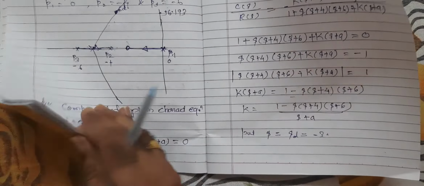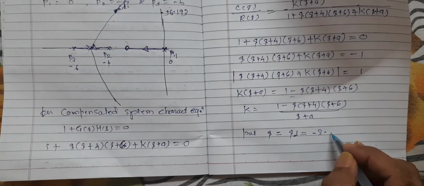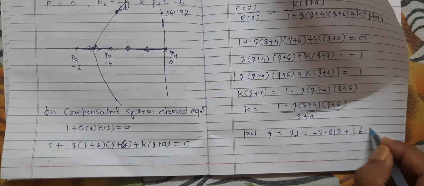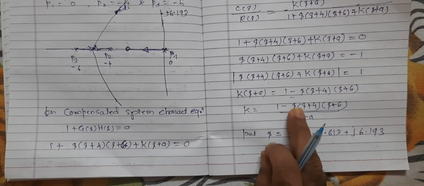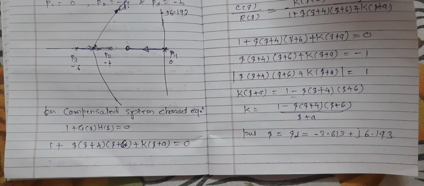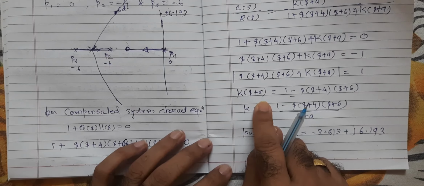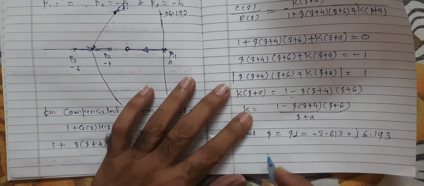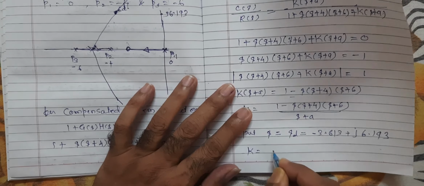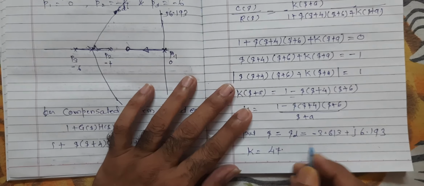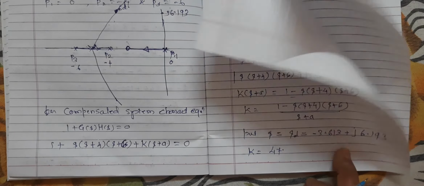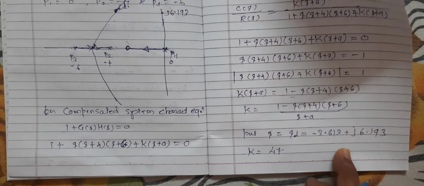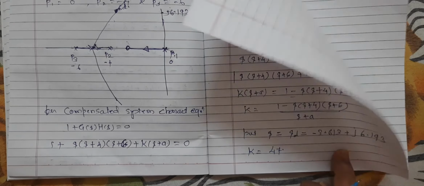If we put this value in the equation, then K comes to 47.45.